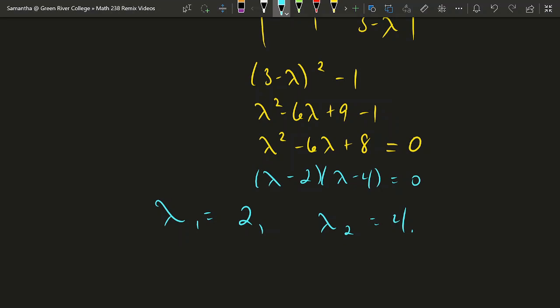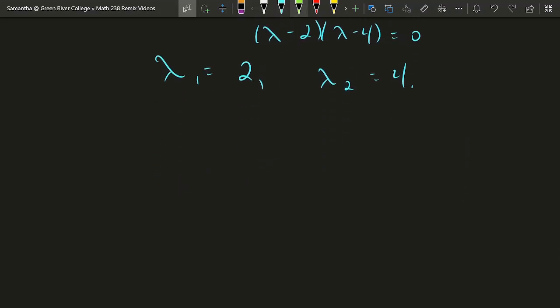Now let's find the eigenvectors corresponding to these eigenvalues. Starting, for example, with lambda equals 2.